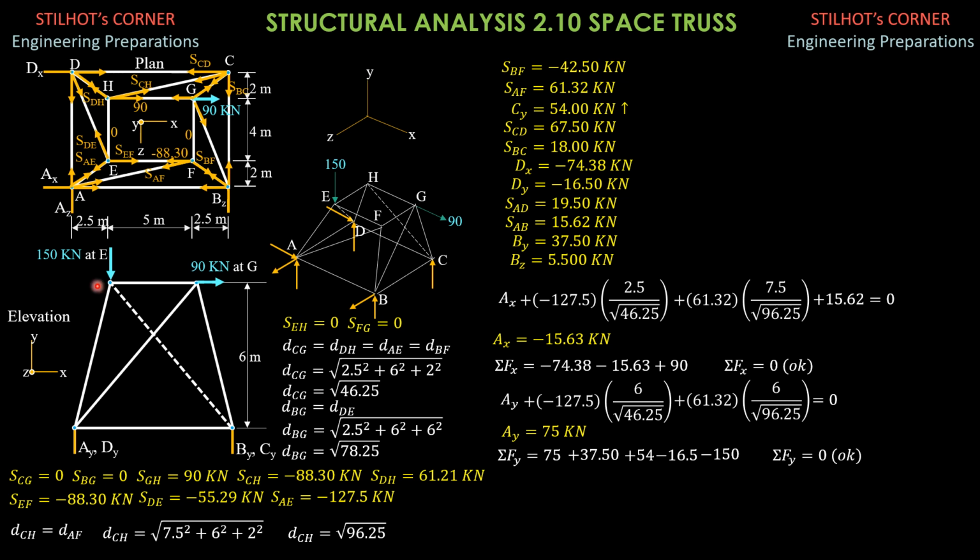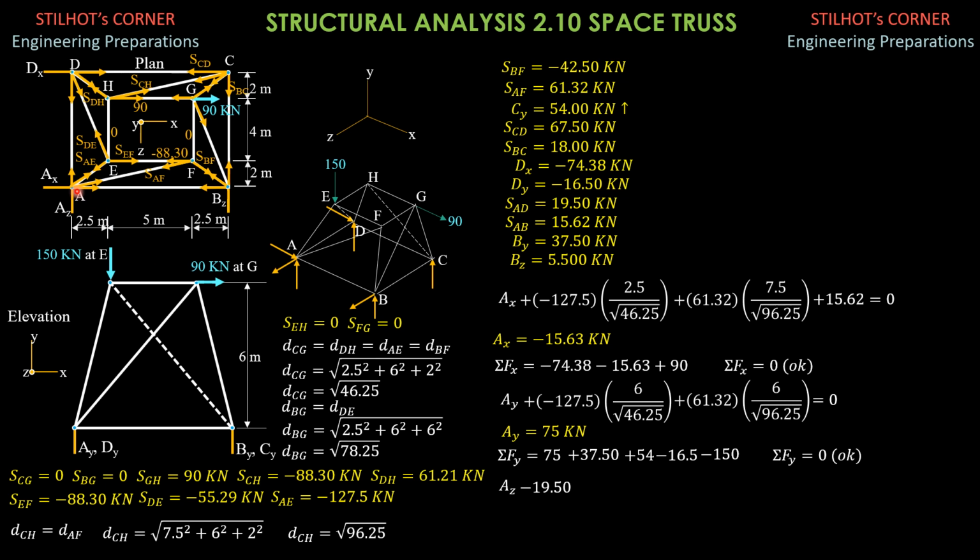Then finally, let's solve for AZ. Summation at A, summation forces along Z equals 0. So AZ is assumed to be positive. AZ, then minus SAE, and SAE is negative. So minus negative, AZ minus AD first, because we have AD 19.5.